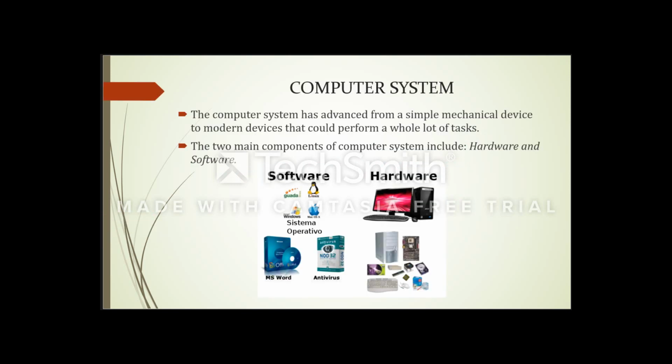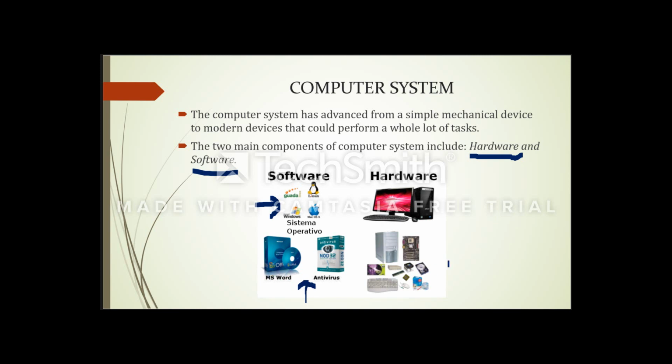So, the computer system has advanced from a simple mechanical device to a modern device that can perform a whole lot of tasks. A computer consists of two components, the hardware and the software. Hardware includes all the physical things we see, like monitor, CPU, keyboard, mouse, whereas software includes the system software and the application software.